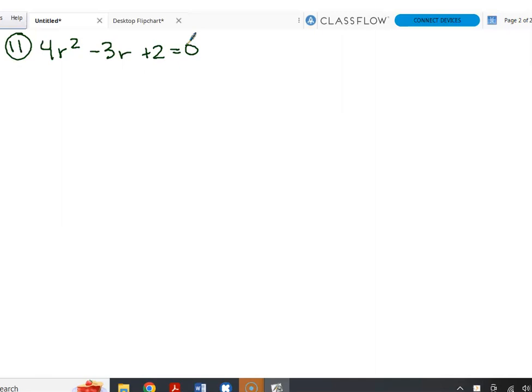Our a is 4, our b is negative 3, our c is 2.